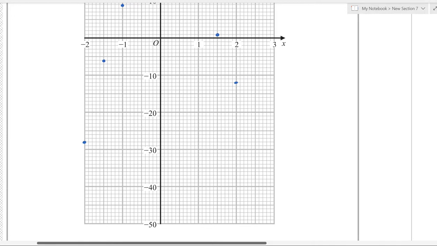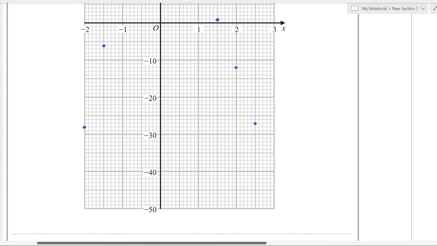So here is -12, and at 2.5 a coordinate at -26.9. And again at 3, there is a coordinate at -41. So there.